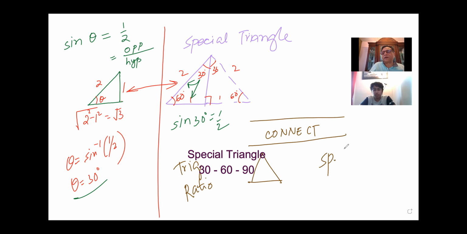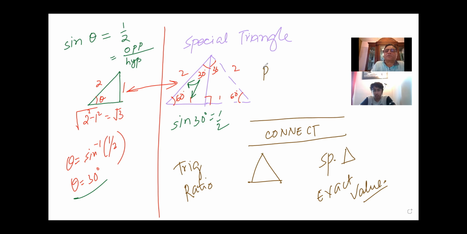We also have the special triangle to get the exact value. So that is what you did. And all this was done in a right triangle. So you always worked in right triangles. Is that clear to you?